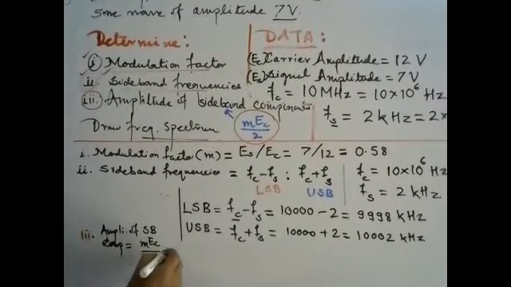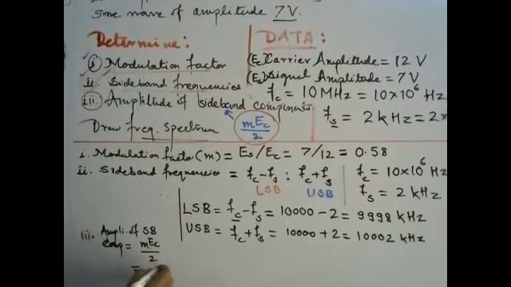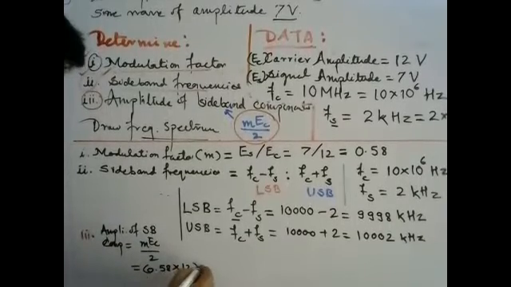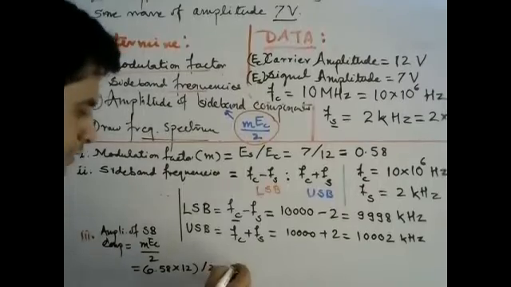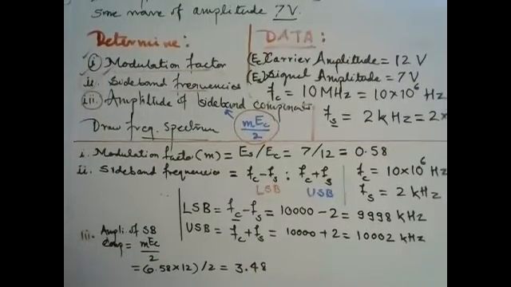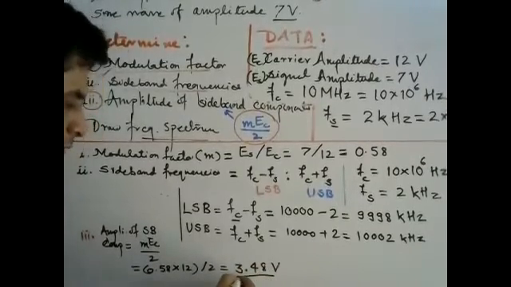M EC by 2 is equal to 0.58 into 12 whole divided by 2. What is the answer? 3.48, and the unit is volts. Perfect. Unit is volts.